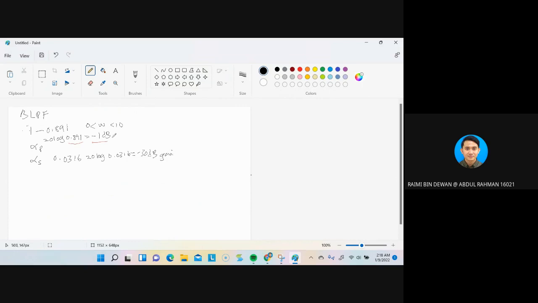This is gain as well, for omega greater than 20. This is given. Now, first, we need to calculate the order of the filter, n. We need to determine our n, our filter response.